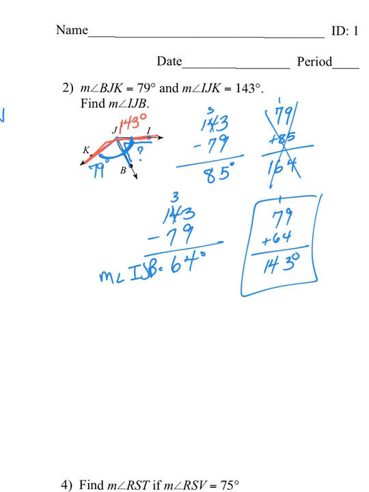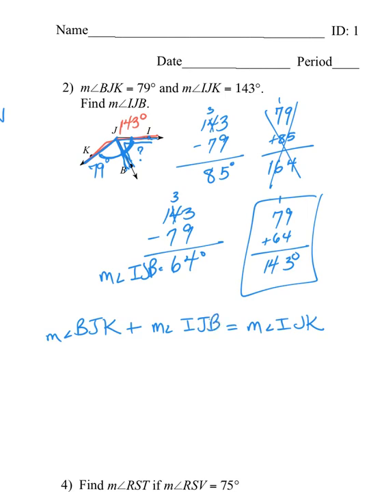So I can say that this angle here, which they call BJK, so angle BJK, and I should put the little m for measure, plus IJB will always add to the larger angle, which was in red, which we knew is measure of angle IJK. Oops, I made a mistake. This was supposed to be IJB, not K.